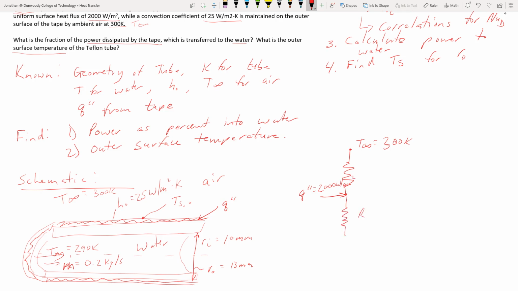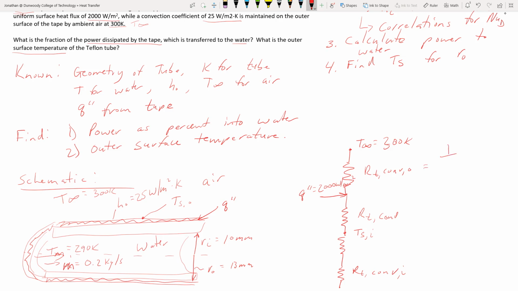So we're going to have R for conduction, and it's going to be T_s for the inside surface. And then we get R_t convection in, and this is R_t convection on the outside.